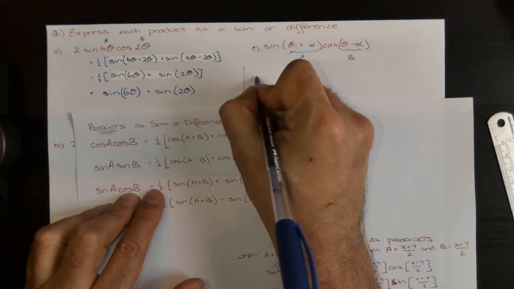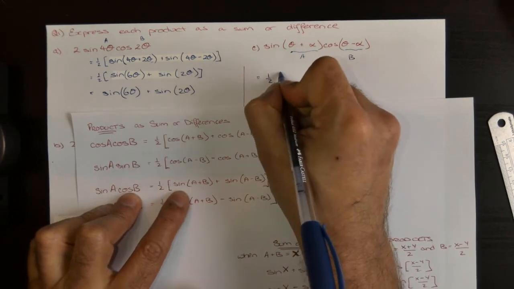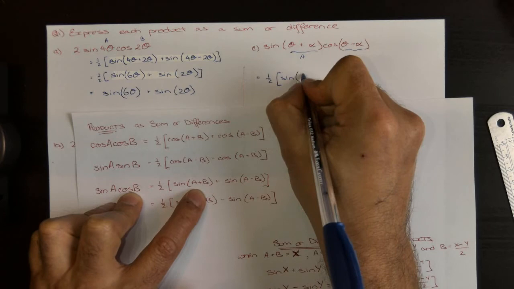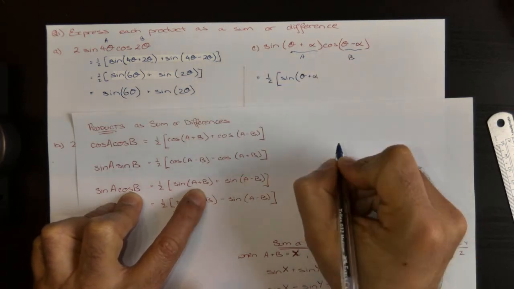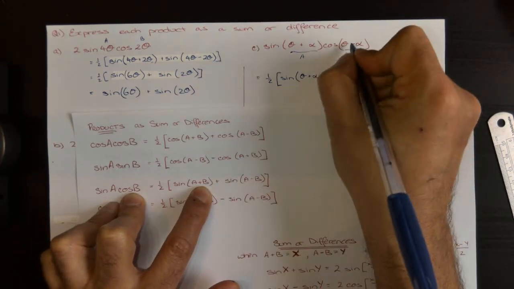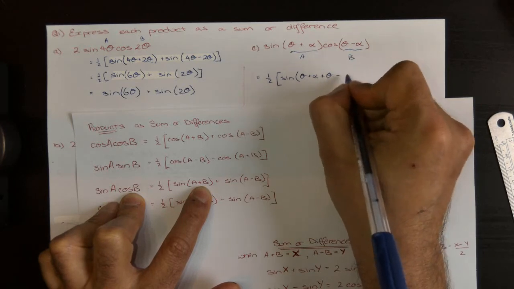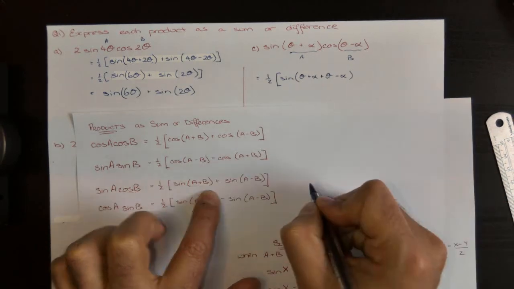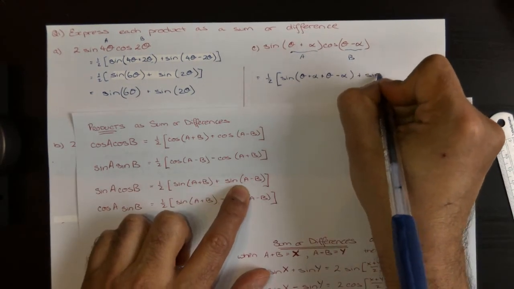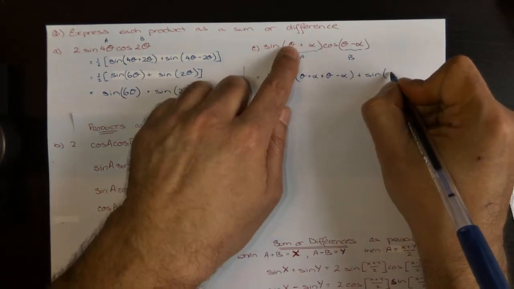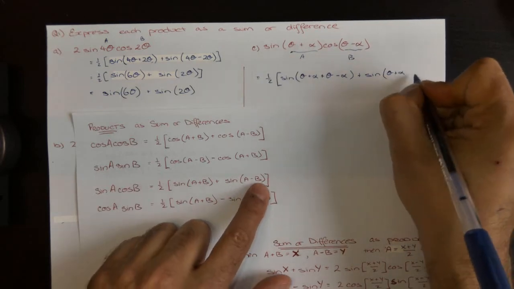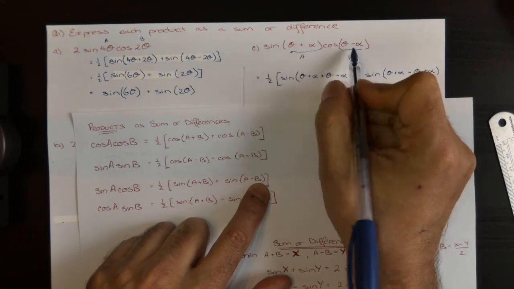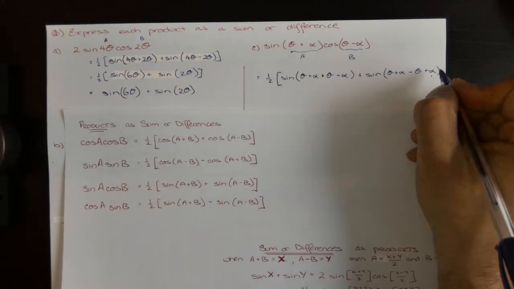Okay, so that's going to be a half of sine A, which is theta plus alpha, and we're going to add that to our B, theta minus alpha. Okay, and plus sine A minus B. Be careful because that becomes a positive.